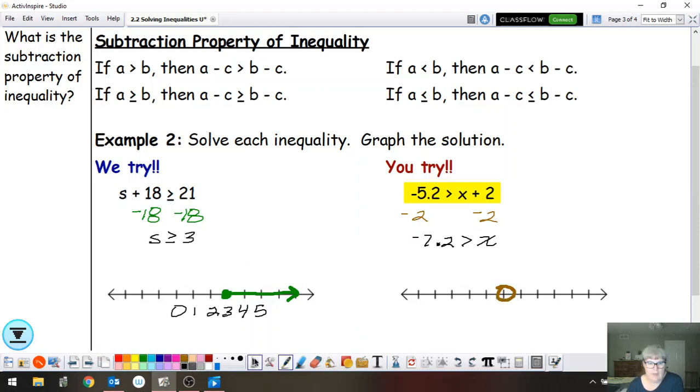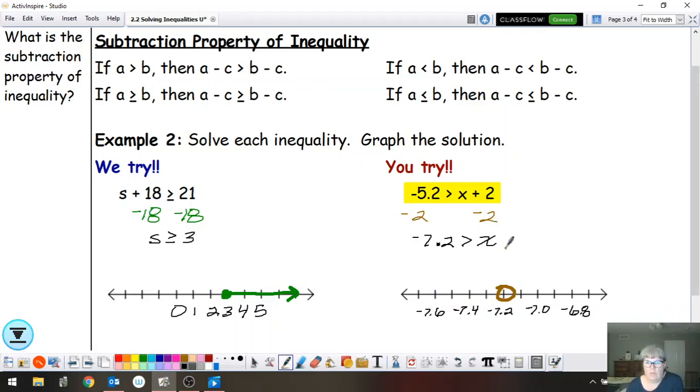So if I have a negative 7.2, which I will put at that circle, then this would be negative 7.0 to the right of it, and negative 6.8 to the right of that, and negative 7.4 would go to the left of it, and negative 7.6 to the left of that.